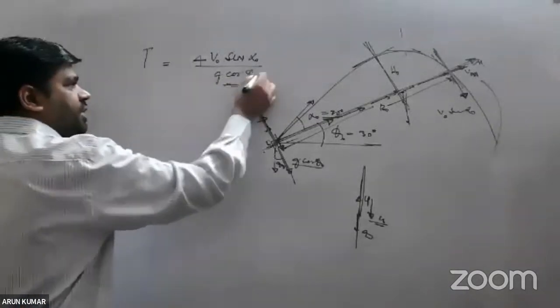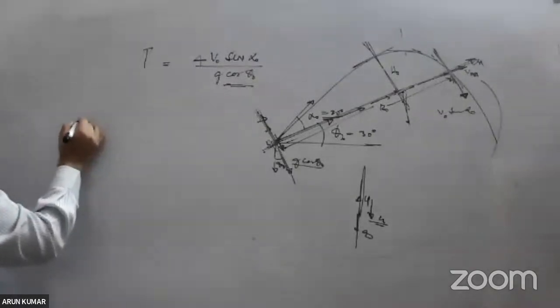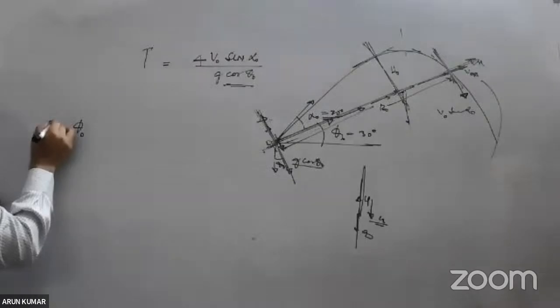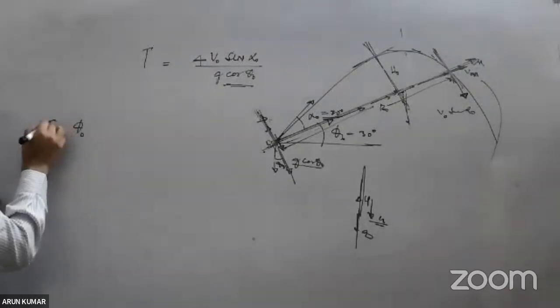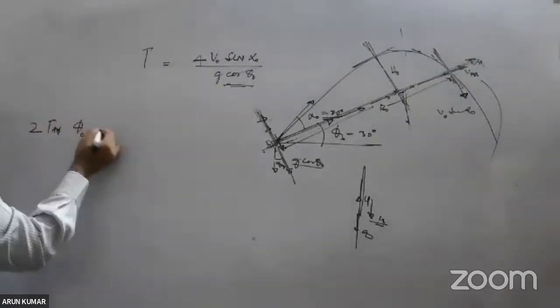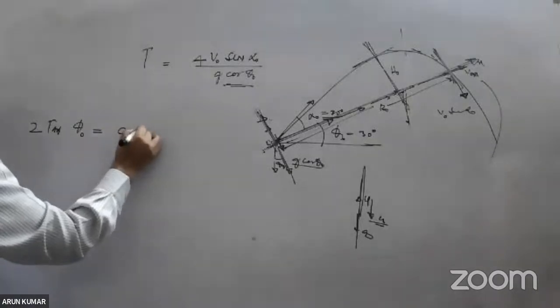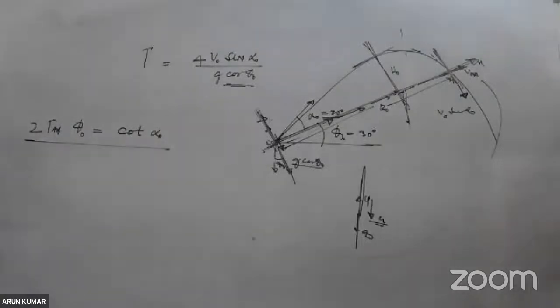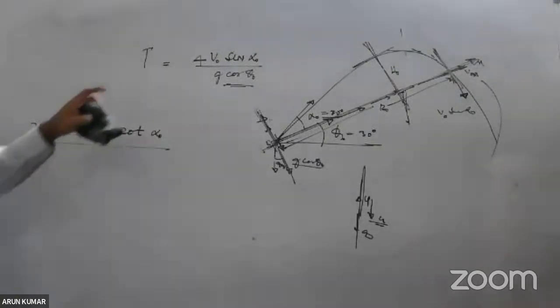Theta naught is known. I also know the relation between these two. You have seen that 2 tan theta naught is equal to cot alpha naught. That's what you have seen. If cot alpha is 2 tan theta, I can write sin alpha.